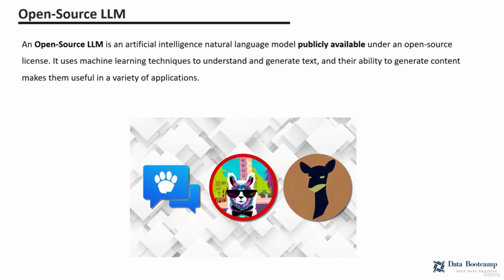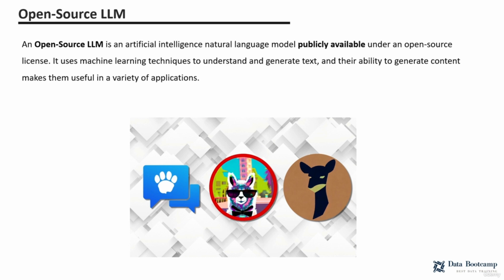Open source large language model also employ machine learning techniques, specifically neural networks, to understand and generate natural language text. Ultimately, the distinction between a proprietary large language model like GPT and open source model is that open source models are openly available.